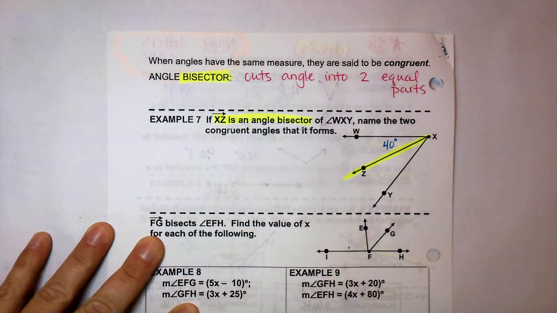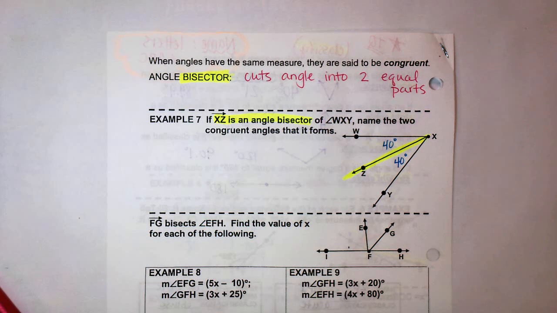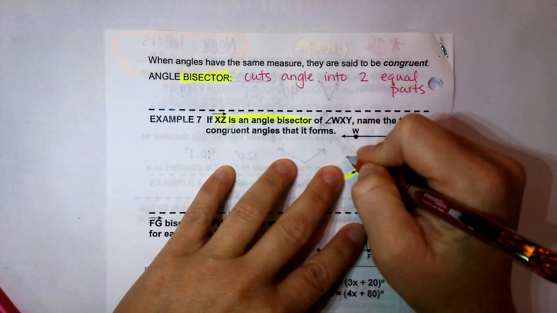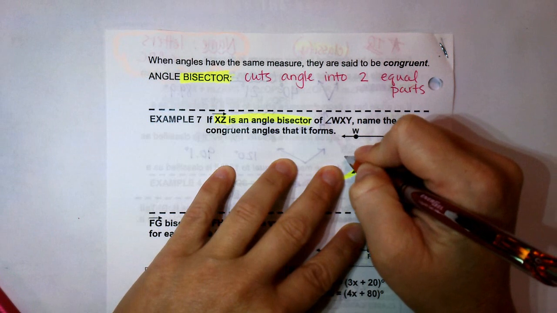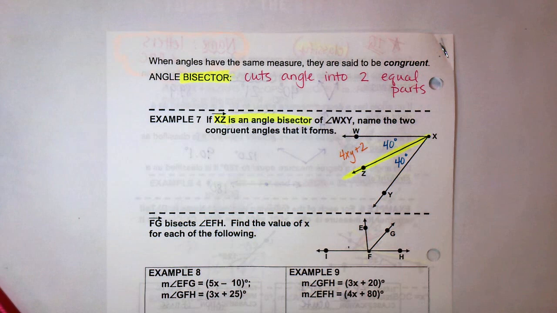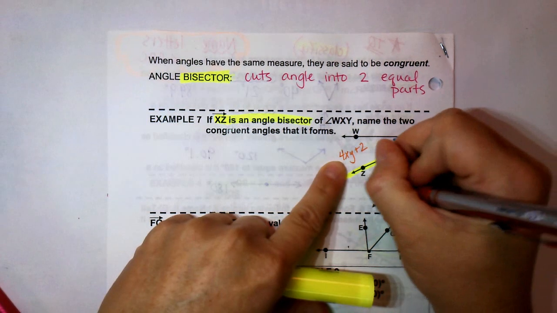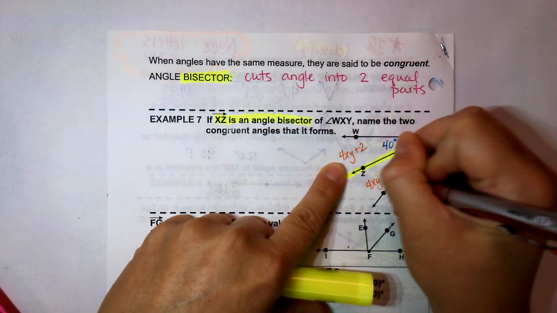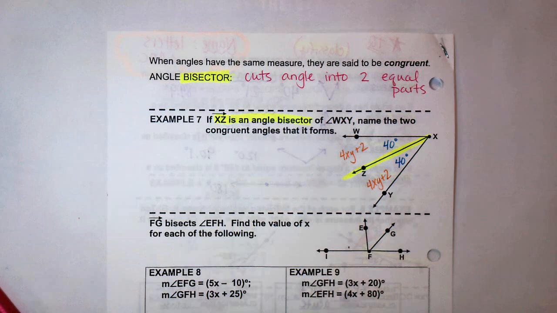It is also 40. Does it matter what I put in those angles? Because what if I put something like 4xy plus 2? Then what's the other angle? I don't care what that means, but the other angle is still 4xy plus 2 because that line is the middle. Okay? I need you to understand that because we struggled.